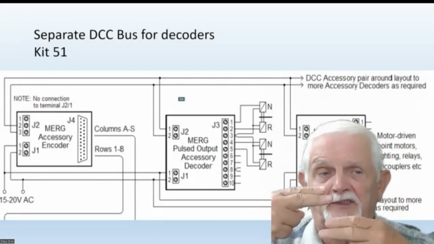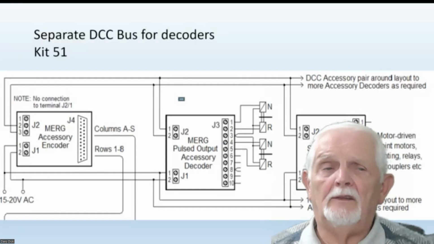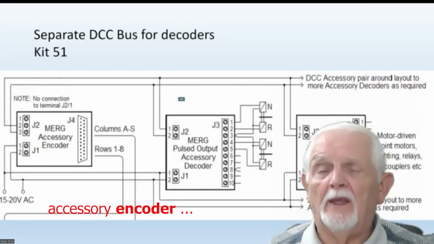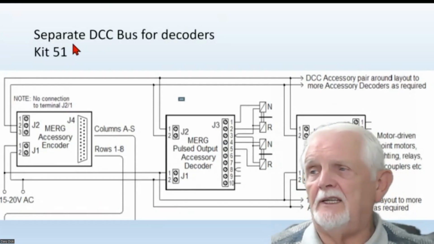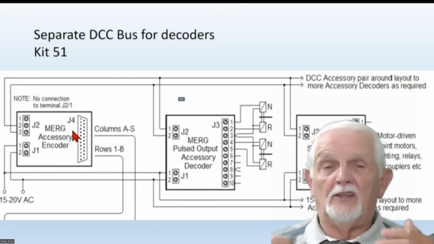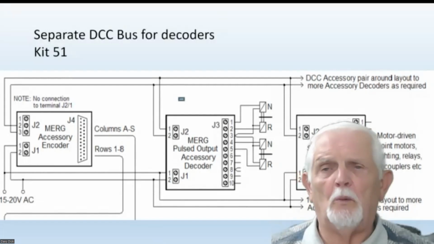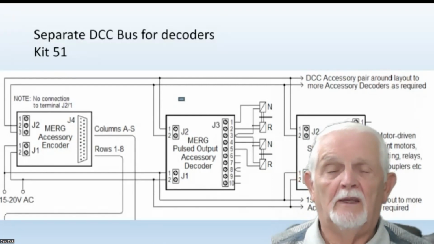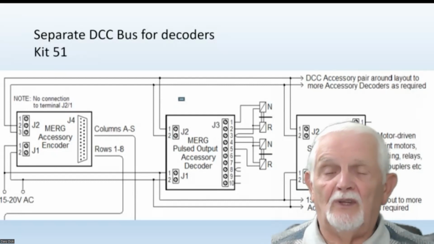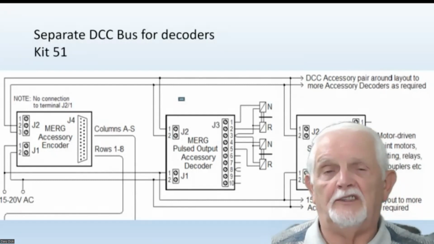So you get two buses completely operating independently, and you have an accessory decoder, and in there you can see a large connector that you can take to a matrix of switches, and those switches can then be on your control panel. So you're handling this as a completely separate outfit from the rest of the DCC.